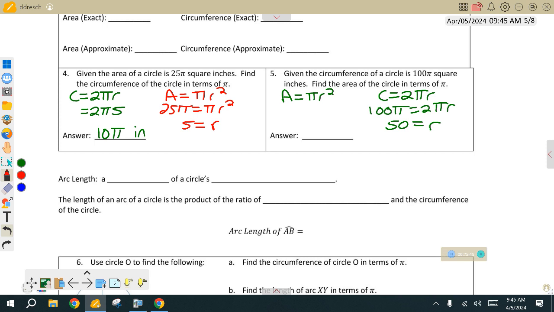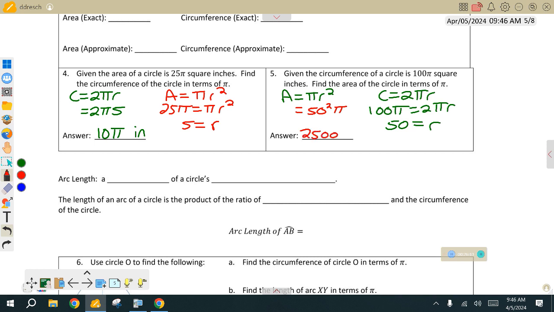So what's r squared? What is 50 squared then? It's a little bit larger one, isn't it? Go to your calculator if you need to. Never type in pi right here. It doesn't say anything about rounding. It says all about terms of pi. So 50 squared is what?